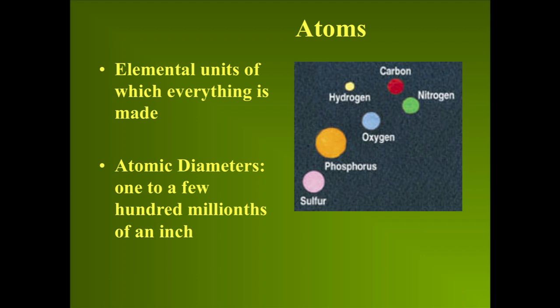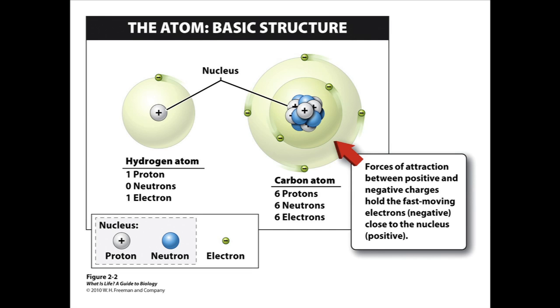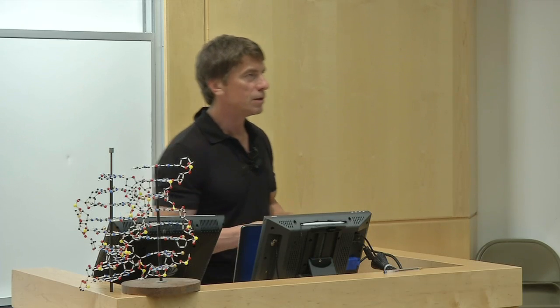These diameters are from 1 to a few hundred millionths of an inch, so we're talking very small scale, and the particles that exist are arranged around a central nucleus. So we have electrons that are moving around a central nucleus. The nucleus can be composed of protons and neutrons, and hydrogen is itself an interesting atom, however simple.